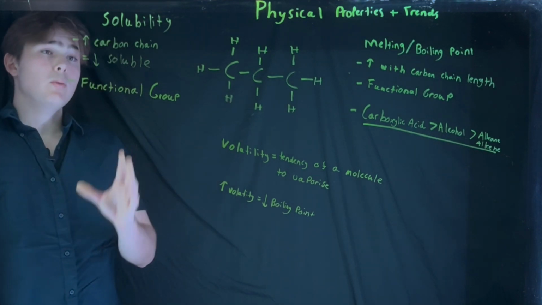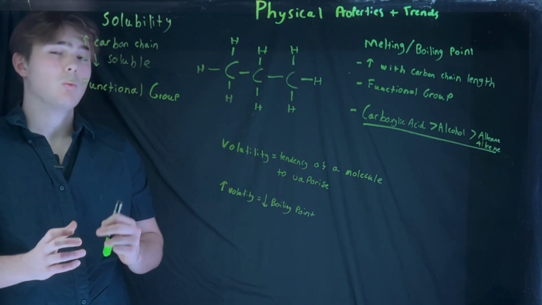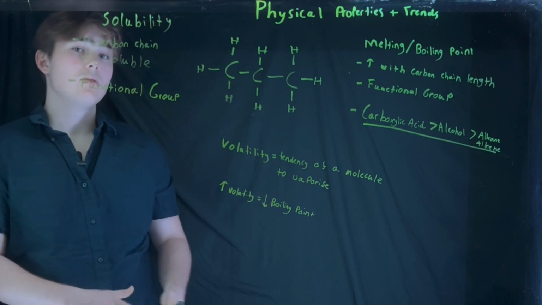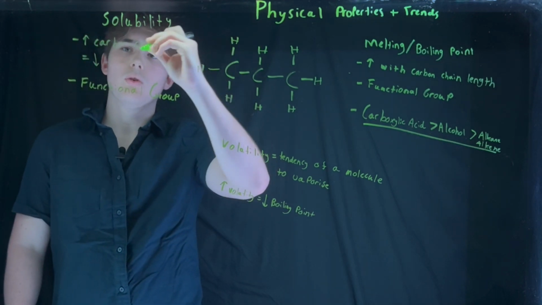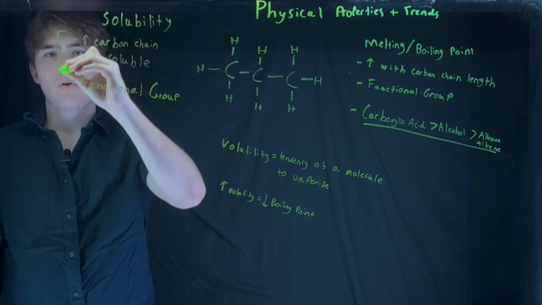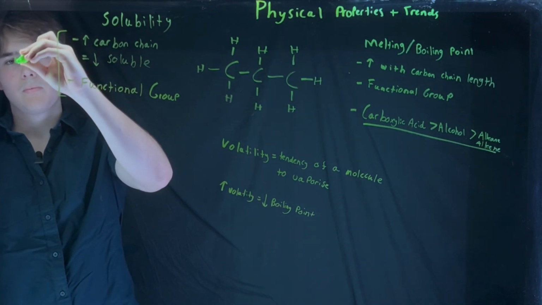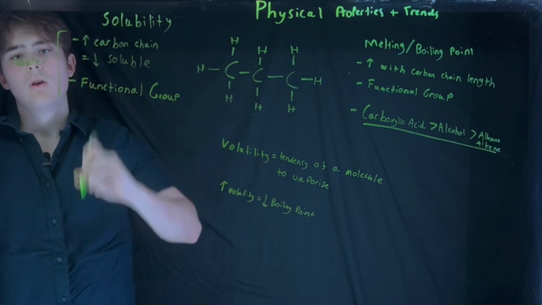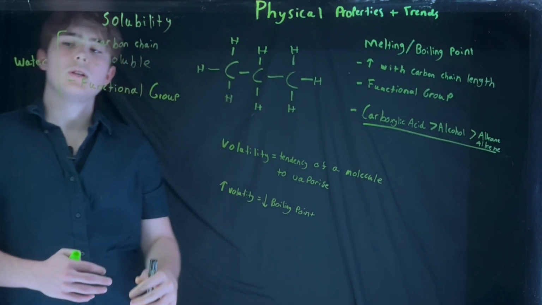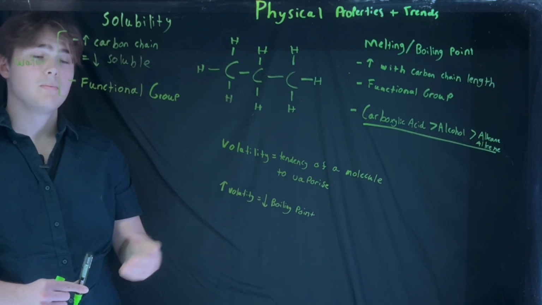So we've talked about solubility a little bit. We also need to talk about solubility in water and organic solvents. So this rule here, this is true for water. So this is when we put an organic molecule in water. Okay, but we also need to understand what happens when we put a molecule in an organic solvent.